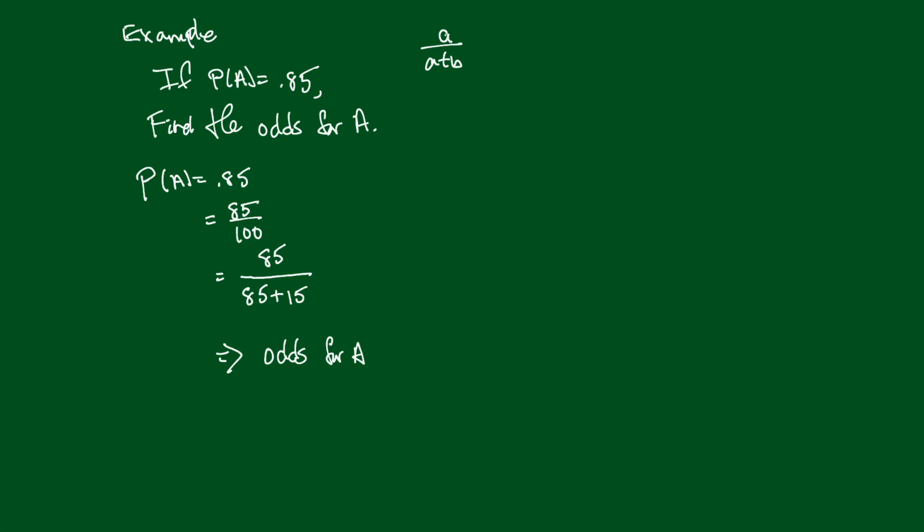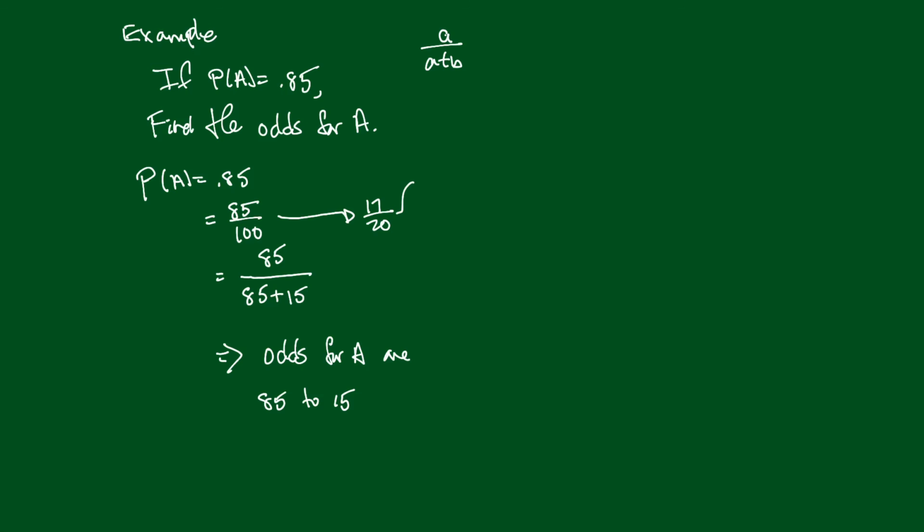All right, so then the odds for A are 85 to 15. Now, that's just a little awkward. So right from here, I'm going to reduce this fraction. Both 85 and 100 are divisible by 5. 5 into 85 will go 17 times. Into 100 will go 20.